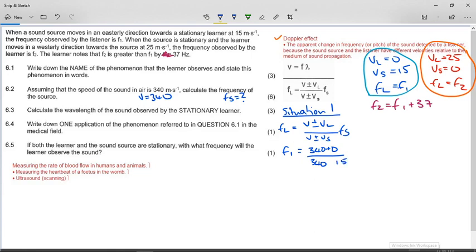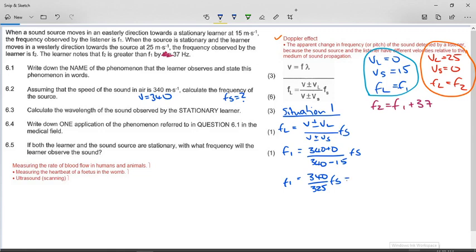So what are we doing with this 15? We are going to subtract it because these two are moving towards each other. If they are moving towards each other, we get a higher pitch, so this fraction must be a larger number. So I get 340 over 325 times the frequency of the source.